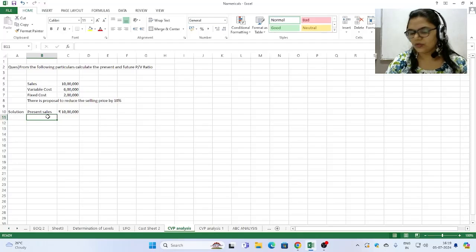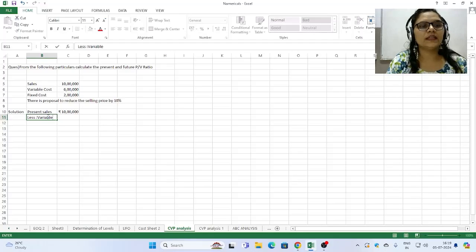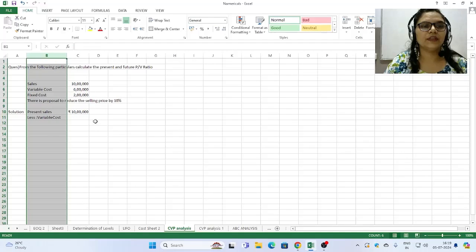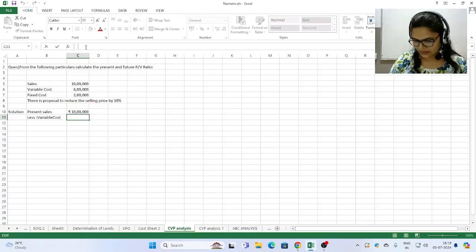Next, we all know when we have to find out contribution, we need to deduct variable cost from the given sales. Variable cost given in the question itself is 6 lakh.